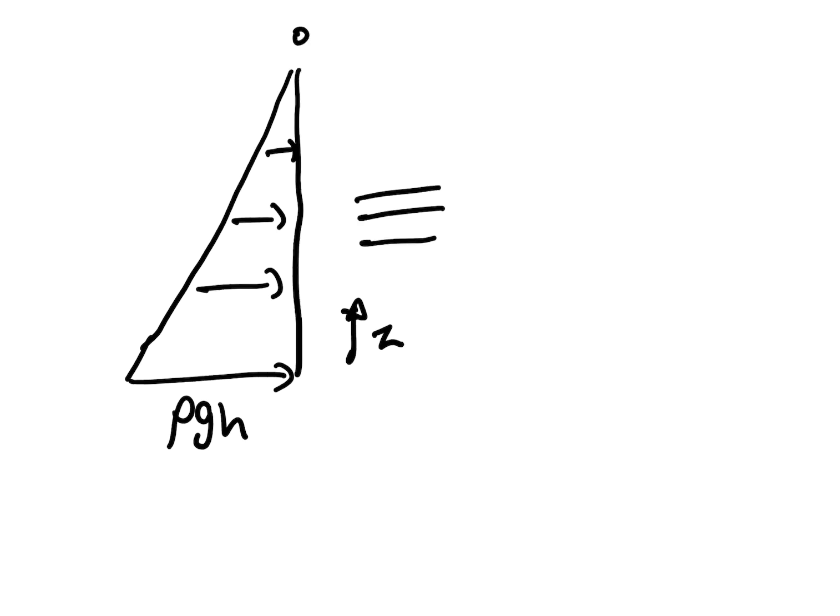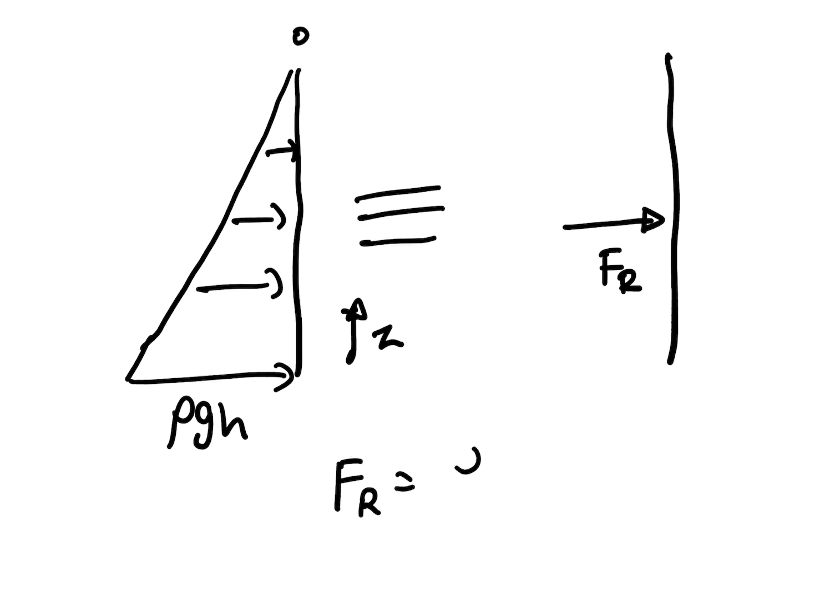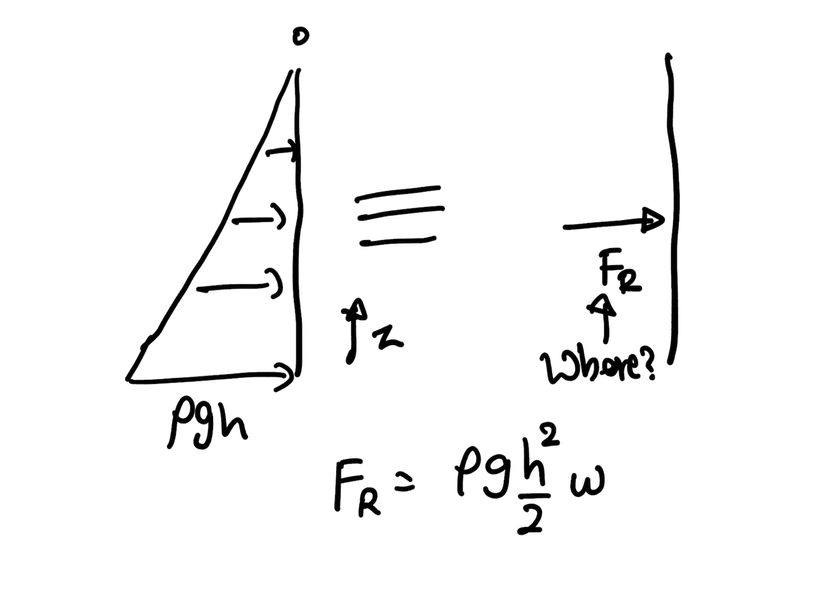This can be replaced with a single resultant force, Fr, whose magnitude is rho g h squared over 2 times w. Now the only question is, where is this resultant going to act? Where is it going to act? You have a distributed load.